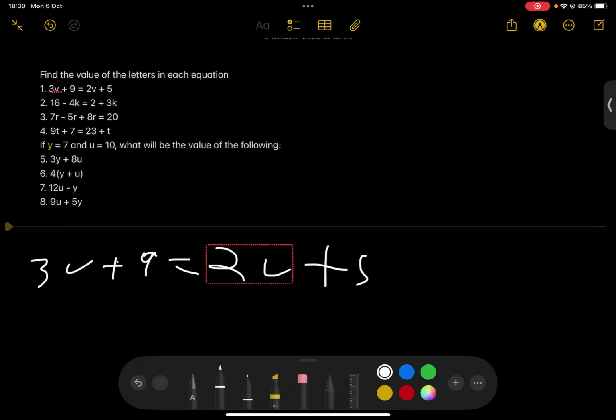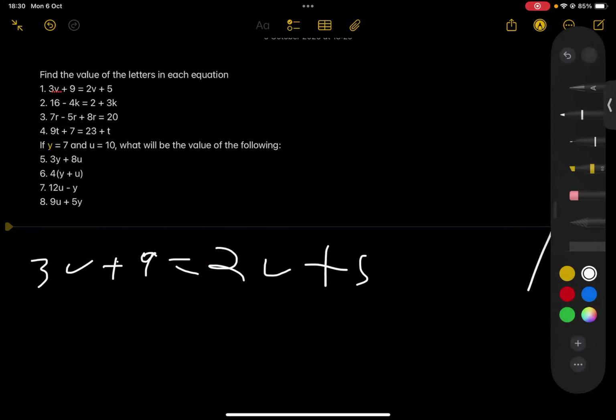So 2v, 3 times 1, no. So if you go about it that way, don't you think it might take you a longer time to arrive at the answer? So what's the quickest way I could do it?